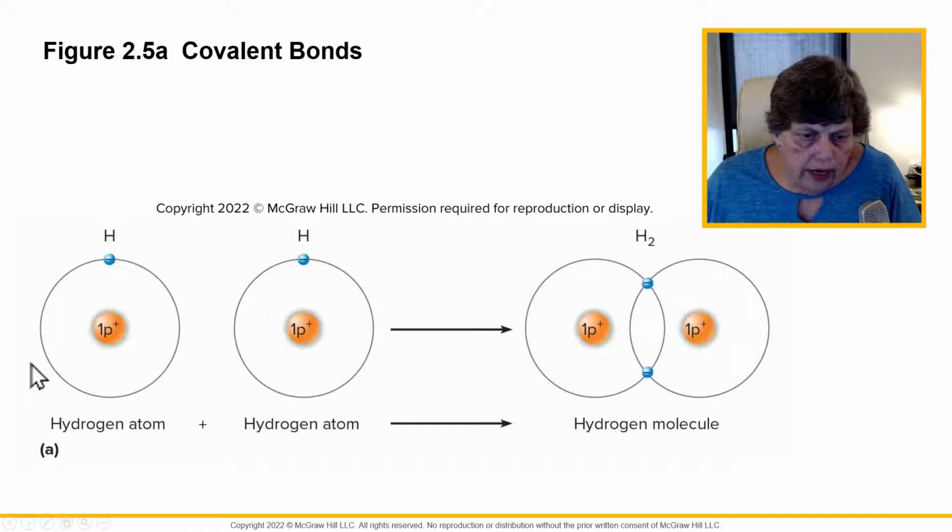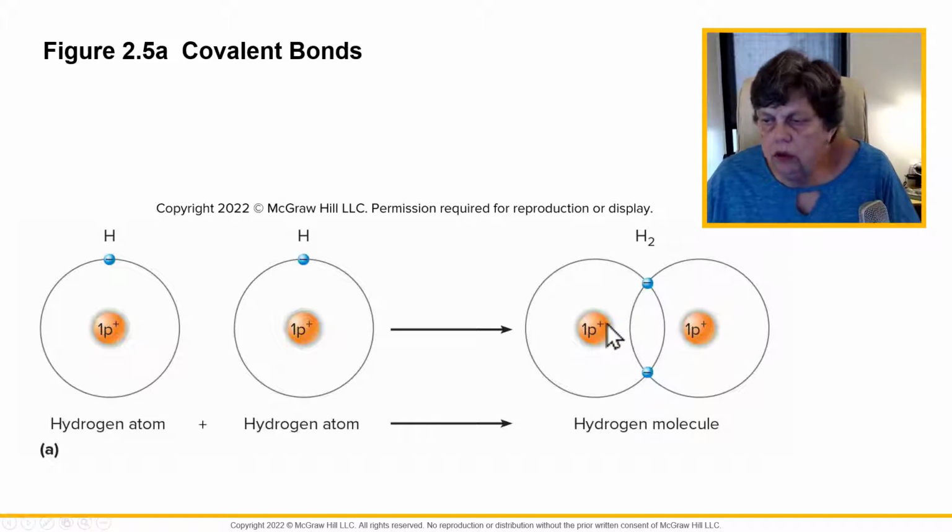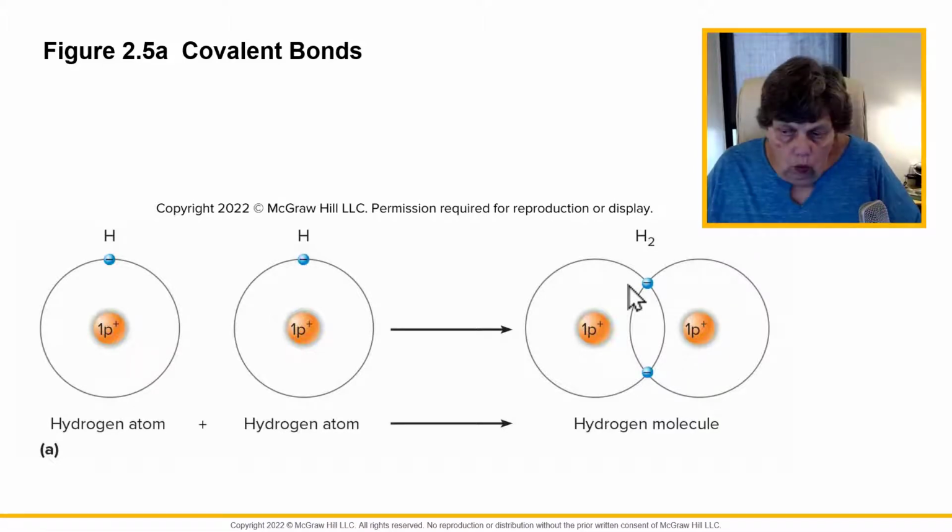So let's look at our hydrogen. Here's our hydrogen atom, another one. We've got this lowly little electron out here, and the poor little lonely electrons will be shared between the two, and we have now two hydrogen atoms with basically full shells.